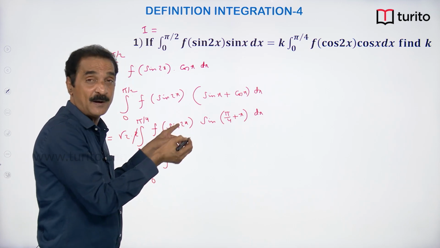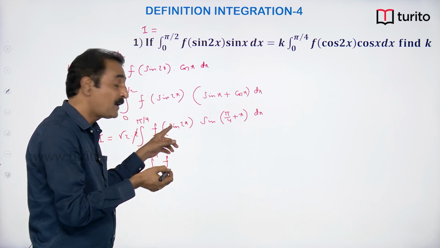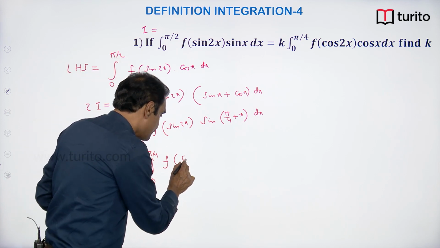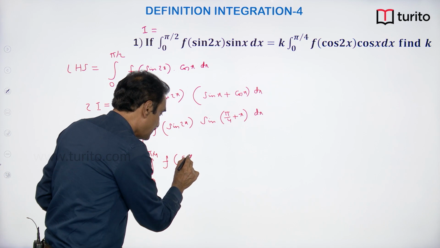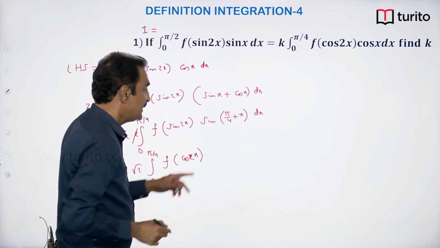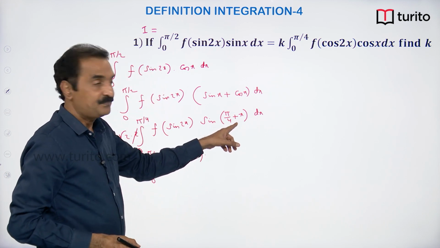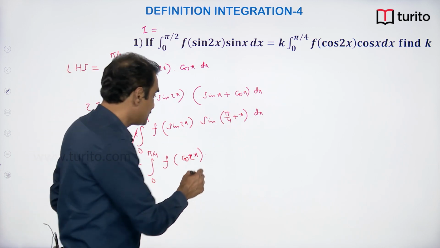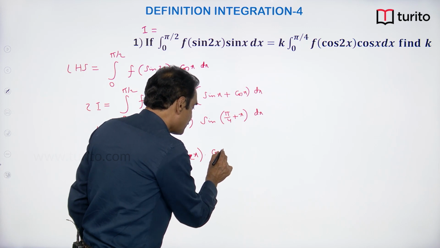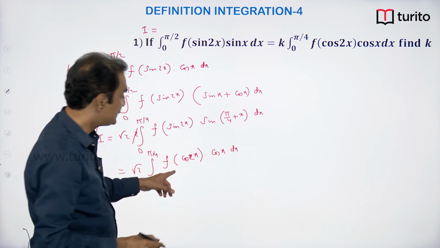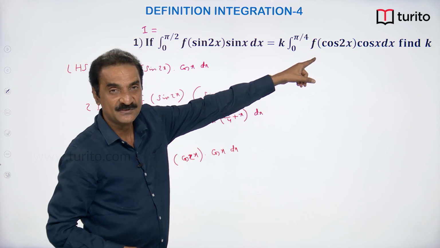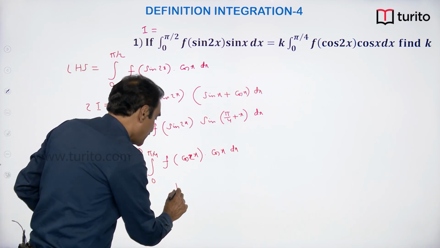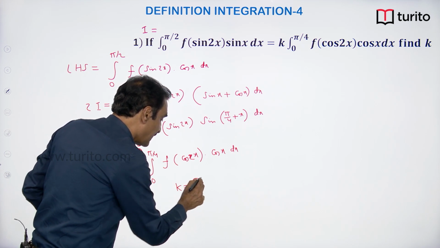Sin of 2 into pi by 4 minus x will be sin pi by 2 minus 2x, that will be cos 2x, f of cos 2x into, substituting x as pi by 4 minus x, this becomes sin pi by 2 minus x, which is cos x. Now, this is exactly in the form of the RHS. So, comparing this and RHS, what is the value of k? K is root 2.